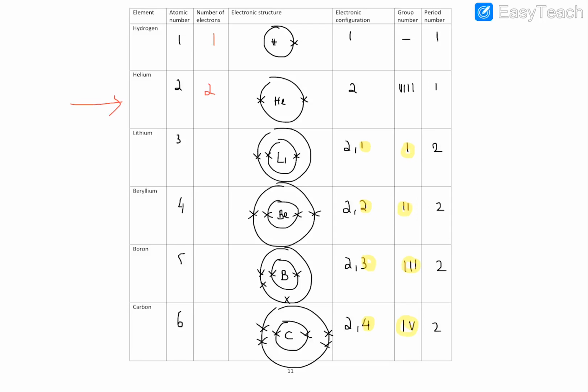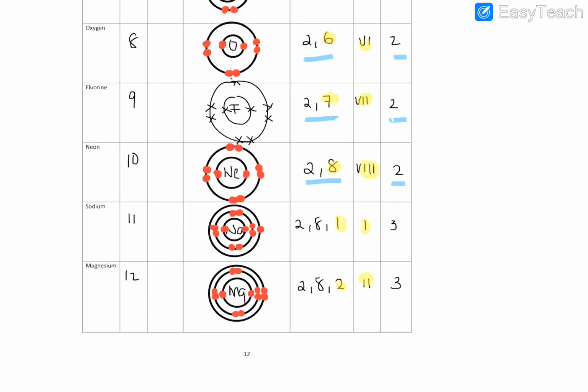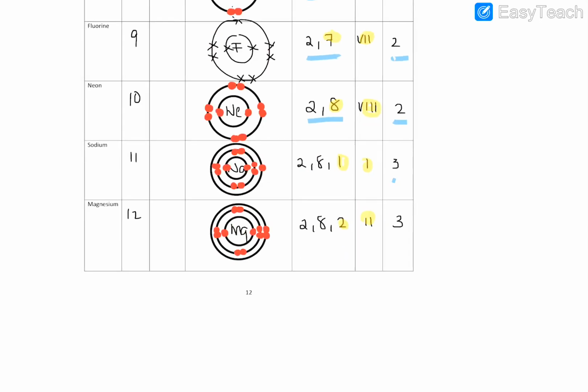Second relationship, let's observe the period number. So period number 2, 2, 2, 2. So what can you see here? And here it's period number 3. What can you see?